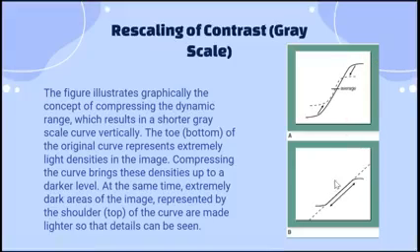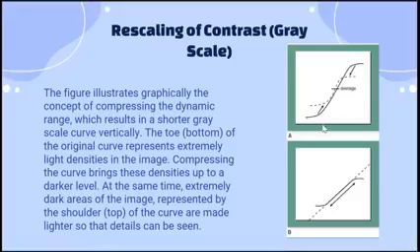In this picture, it was compressed in order for contrast to be increased, to acquire a shorter grayscale contrast. The toe or the bottom of the original curve represents extremely light densities in the image.